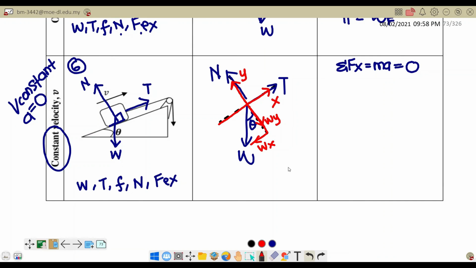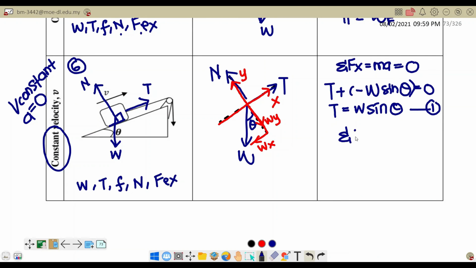We can write the equation for the x component: T upward plus negative weight, the opposite component, so W sine theta equals 0. Or we can straight away write T equals W sine theta. Because it's static, the force acting upward equals the force acting downward.